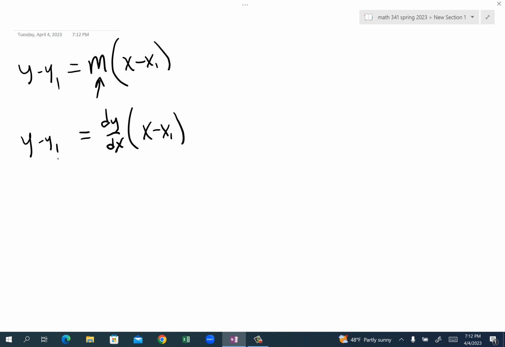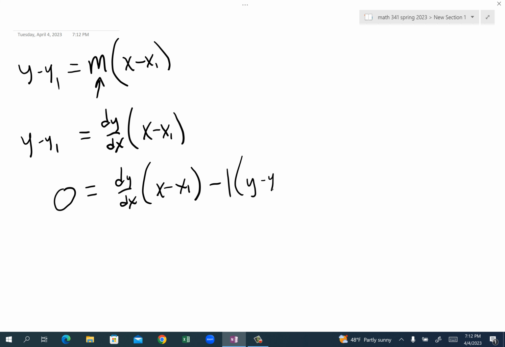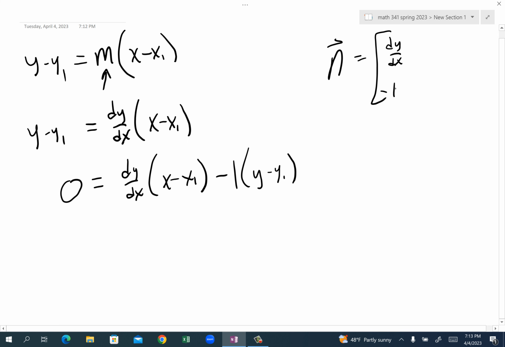Now I mentioned that because the next thing we did was say 0 equals dy/dx (x minus x1) minus 1 (y minus y1), right? And we said that the normal vector would always be of the form dy/dx, or if you prefer, m, comma negative 1. Always. Okay?